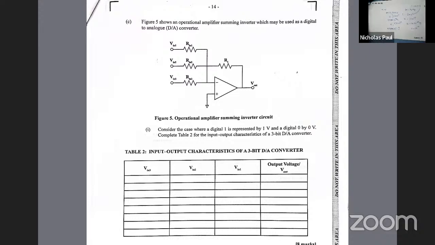Consider the case where digital 1 is represented by 1 volt and 0 by 0 volts. Complete table 2 for the input-output characteristics of a 3-bit converter. What are they talking about?